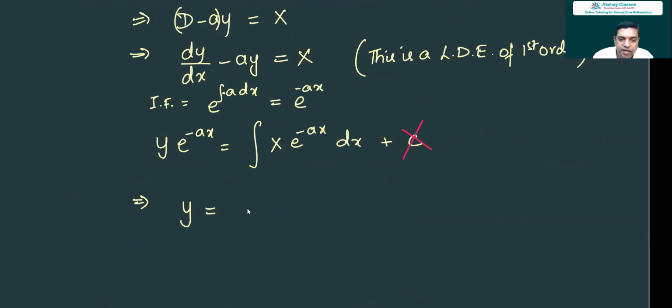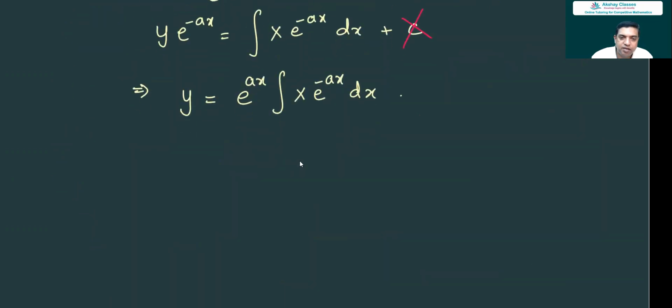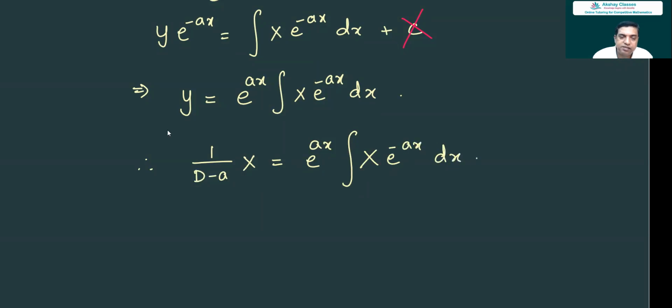So you get y is equal to e power ax integral x times e power minus ax dx. So what is y? This one. Therefore, 1 by d minus a times x means e power ax into integral of x e power minus ax dx.